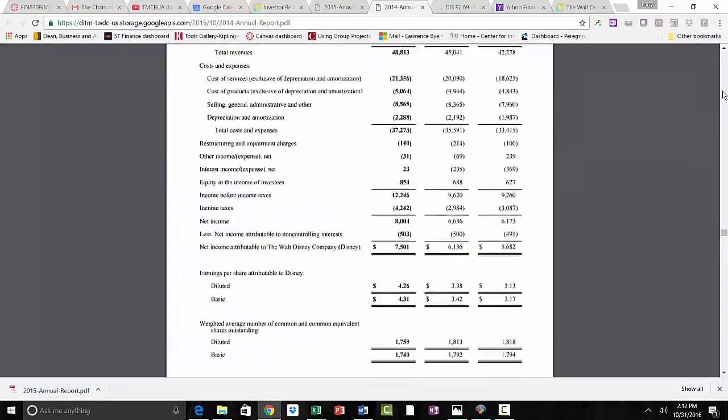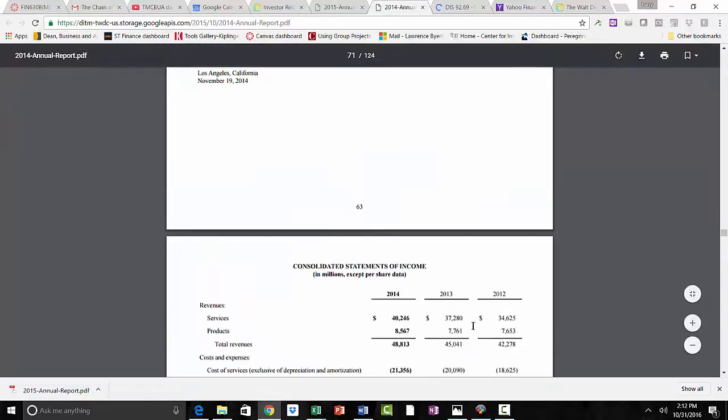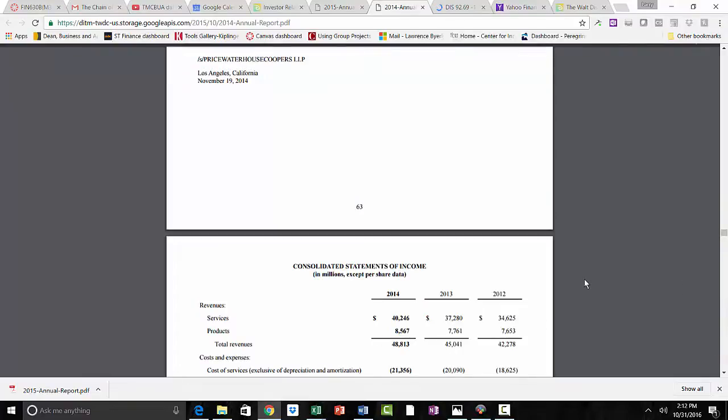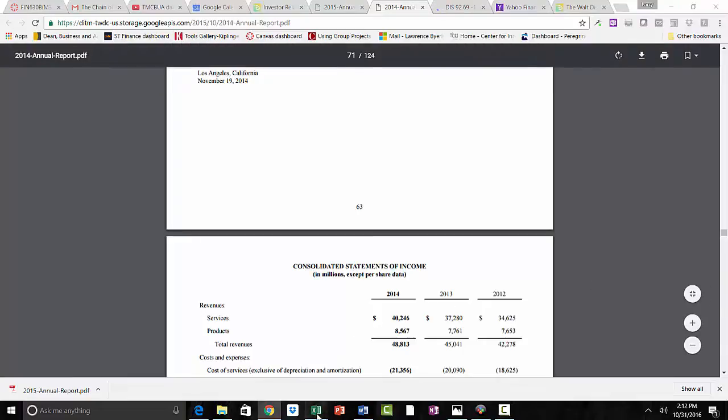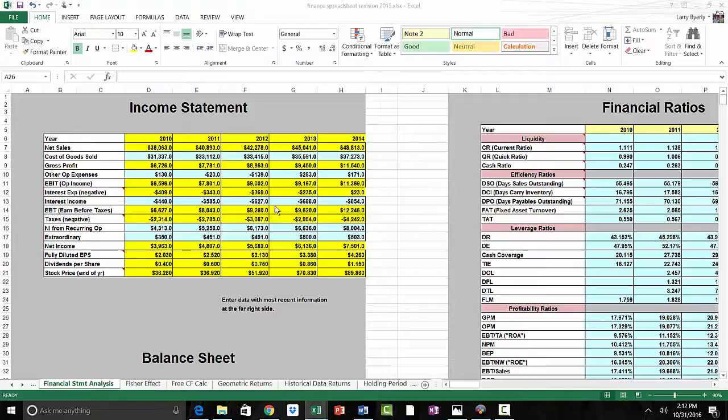Okay, another thing, when you're inputting this data, do not add the zeros, right? Leave the zeros off. Financial statement analysis is a process of dividing things. We're looking at relative values, not absolute values. So we can leave off the zeros. How we're going to use this ultimately is in a worksheet. This worksheet is set up.